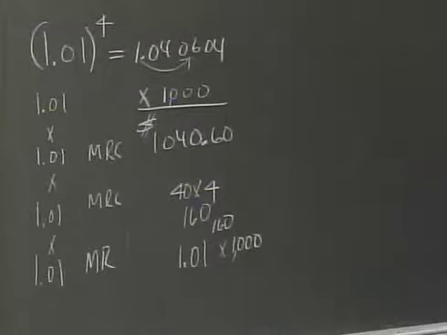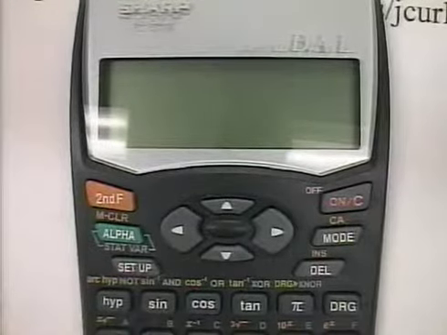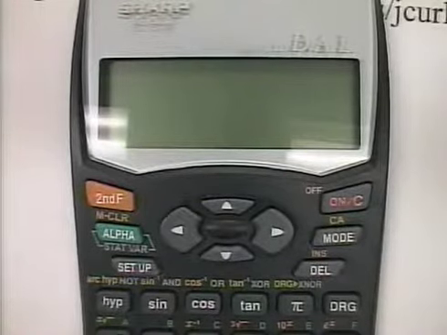Now to do that problem, I'm going to have to use a different calculator because I don't want to go ahead and do this using a key that I hit 160 times. I don't want to have to hit memory recall 160 times. So this is the $11 calculator that used to run $250 30 years ago.